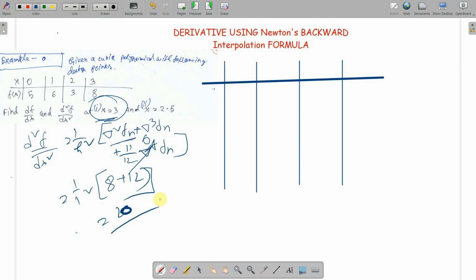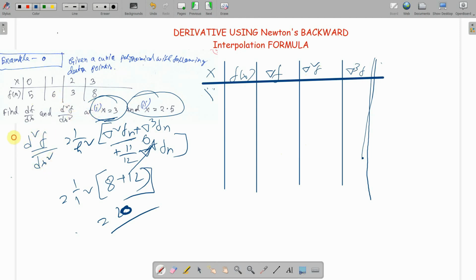Now find me for 2.5. Solve this one. Let me write this, x and f(x). Now it's a very good question. Now what will you do here?